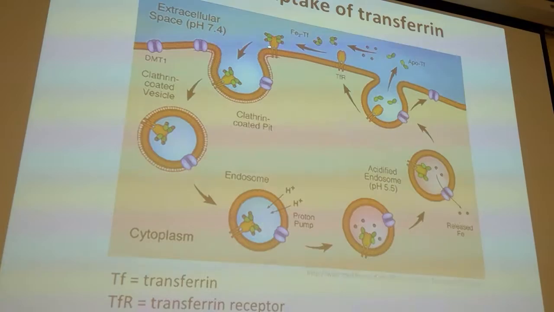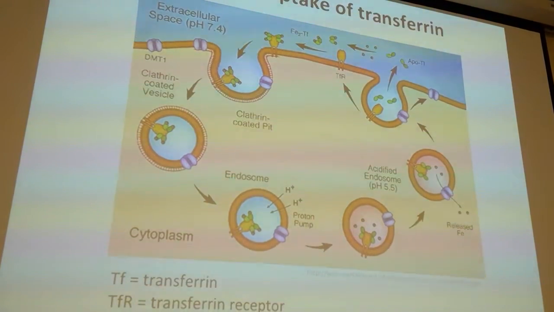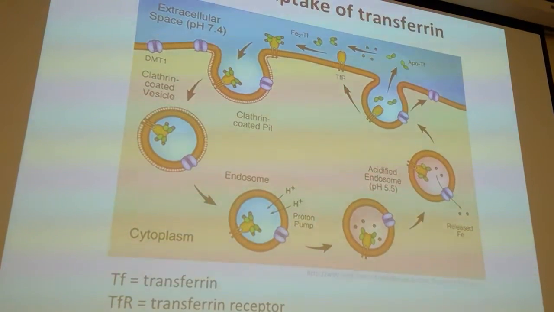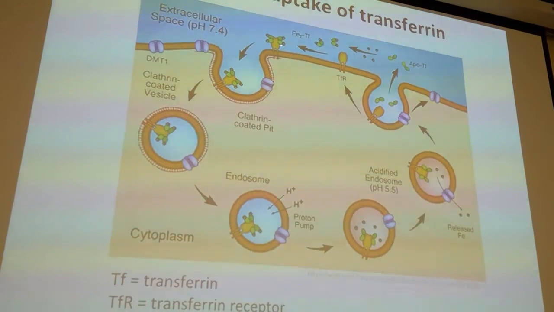And then the dimeric transferrin receptor binds two transferrins, so four irons. Now, I'm not going to get really specific with the numbers of iron in terms of the tests. You should know that transferrin binds ferric iron, and then this is recognized by the transferrin receptor. But I just wanted to come back to this since this question came up last time.